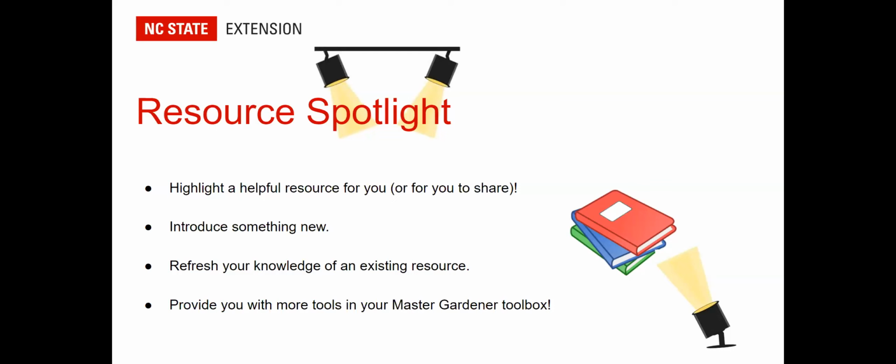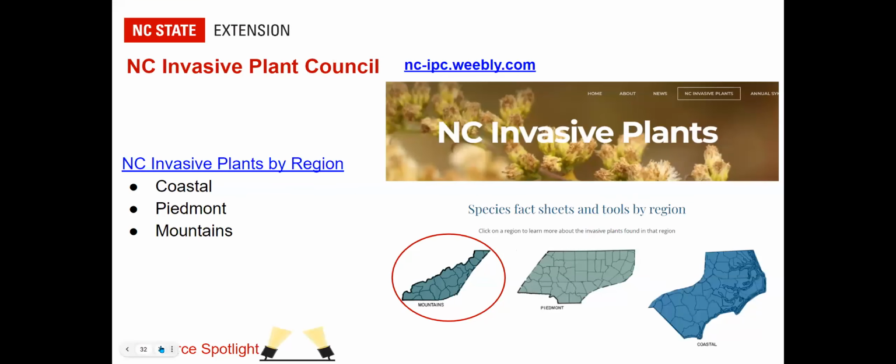Okay, slides to advance here. There we go. All right, so the resource spotlight I wanted to feature today to start off with is the North Carolina Invasive Plants Council. This is a nonprofit organization that's membership based.